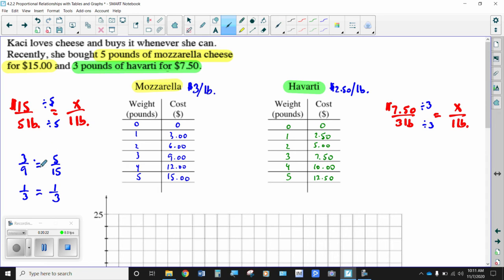Also, if you cross multiply, 3 times 15 is 45, and 9 times 5 is 45. If the cross products are equal to each other, then this is proportional in nature. And you can do the same thing here. If you take 2 over 5, is that equivalent to 4 over 10? And the answer is yes. They are equivalent to each other, which makes this proportional in nature.